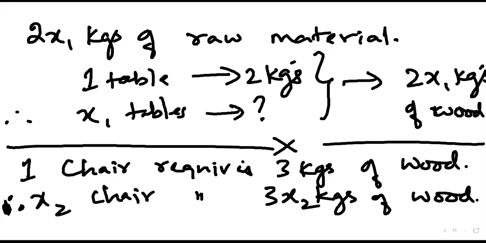Until we finish this slide, can anyone think of an equation? Total available wood is 60 kgs. Total required wood for tables is 2x1, and total required wood for chairs is 3x2.